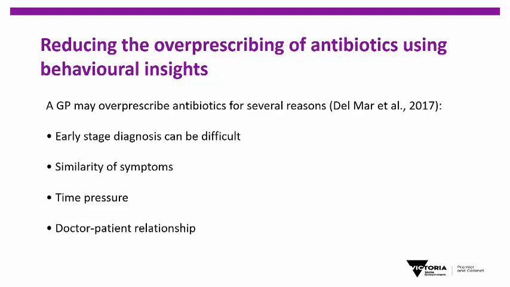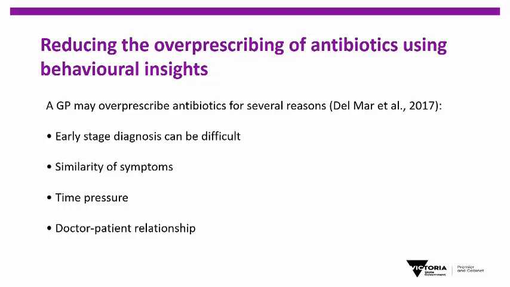And we know that they can overprescribe for lots of different reasons. It could be that in the early stages it can be difficult to tell whether an infection is mild or the start of something more serious, and so GPs might prescribe antibiotics to minimise the risk. We know that illnesses like colds and flus are caused by viruses for which antibiotics don't work, but they can cause similar symptoms to bacterial infections.